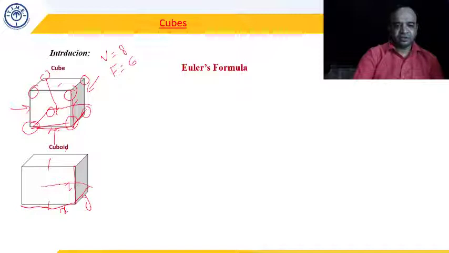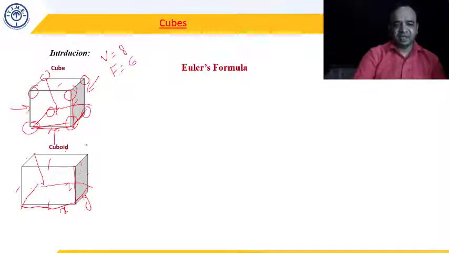So there are 4 edges along x. Similarly, along y, 1, 2, 3, and 1 behind it, there are 4. Similarly, for z, 1, 2, 3, and then 4. So along all these axes, there are 4 edges each.